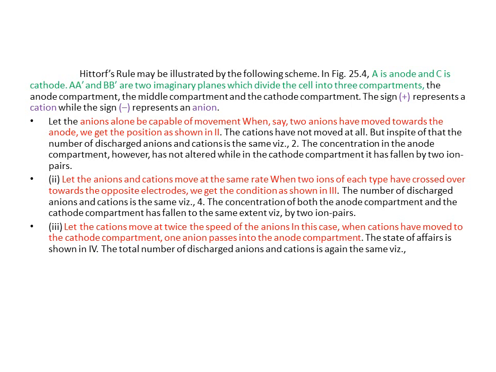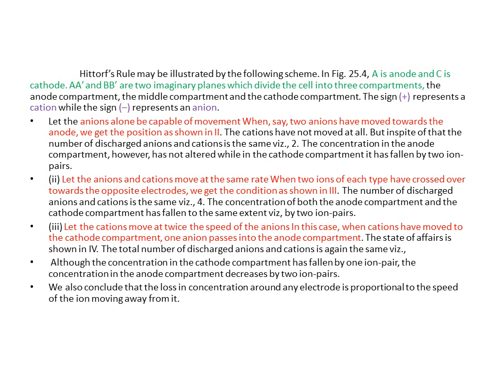That is, the state of affairs is shown in state 4: the total number of discharged cations and anions is the same, but the concentration of the cathodic compartment has fallen by 1 ion pair, and the concentration of the anodic compartment decreases by 2 ion pairs.